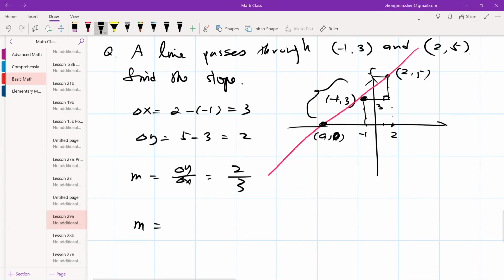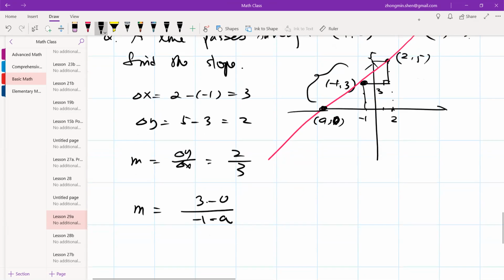The slope is going to be the difference of the y coordinates, 3 minus 0, over the difference of the x coordinates, negative 1 minus a, and this is supposed to be 2 over 3.